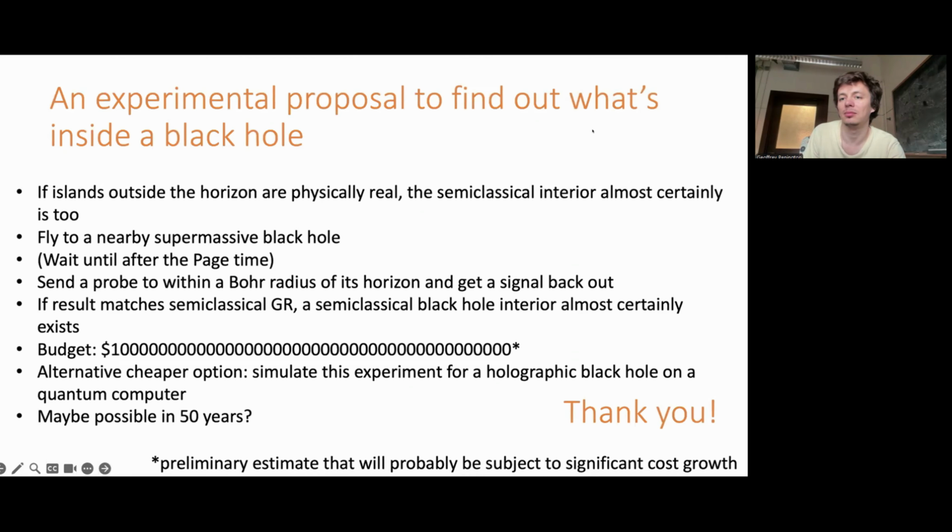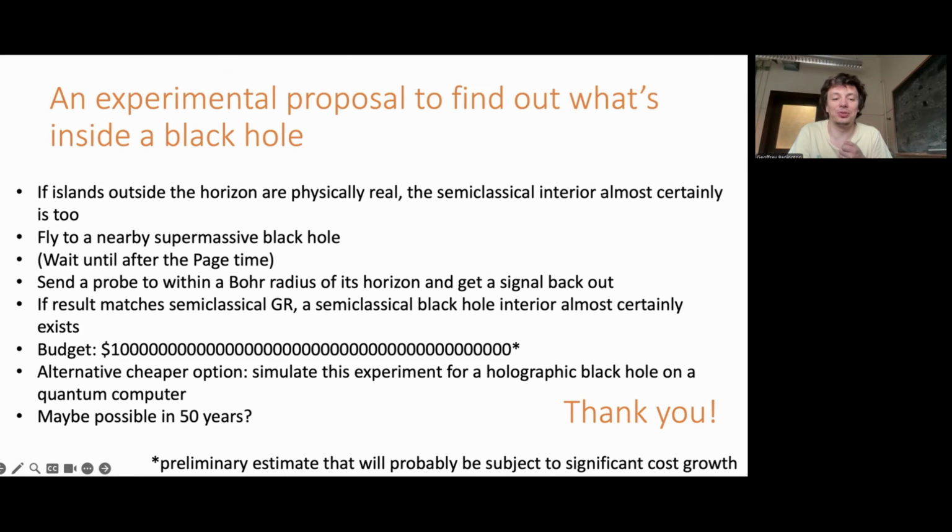If the result doesn't match semi-classical GR, what is the interpretation? Yeah, so the obvious other option is that there would be some firewall sitting at the furthest out you can make an island, and then presumably anything you threw in, nothing would come back out.